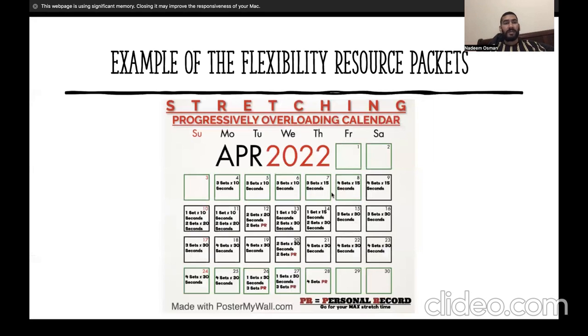Now, moving on, I also added a little progressively overloading calendar for stretching. I created this calendar for the participants to refer to in order to slowly get better in their stretching exercises.